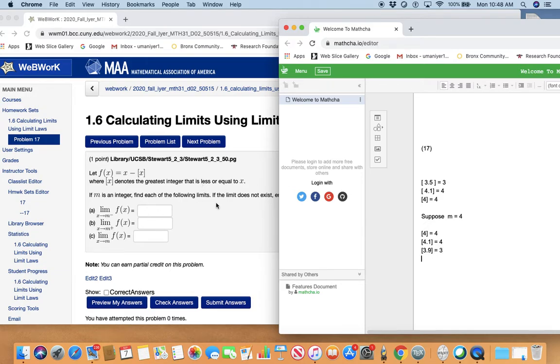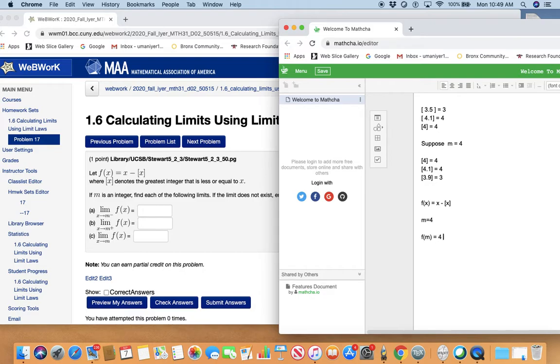Okay? Now my function f is not simply the greatest integer function. It is x minus the greatest integer. f of x equals x minus greatest integer of x. So suppose m were 4. Well, what is f at m?